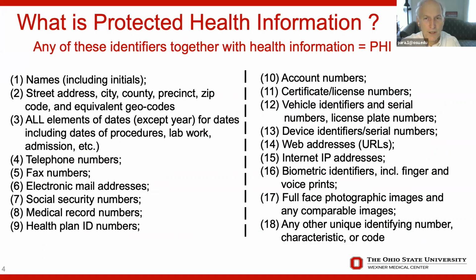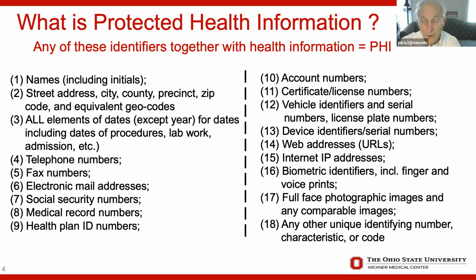So what is included in this protected health information? It's these 18 identifiers. Most of them have something that really tags you, like your name or your street address. But it also includes all dates except for year, then phone numbers and email addresses, social security, medical record number, account numbers, anything that, if that number went out with your health information, people would know who we're talking about.